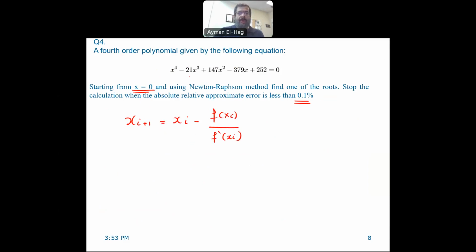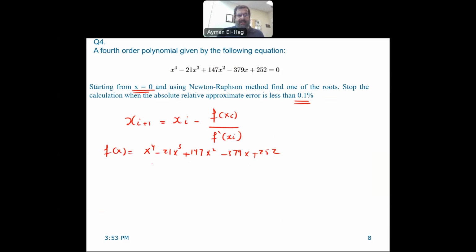Now we know f of x is given to us as x^4 minus 21x cubed plus 147x squared minus 379x plus 252.